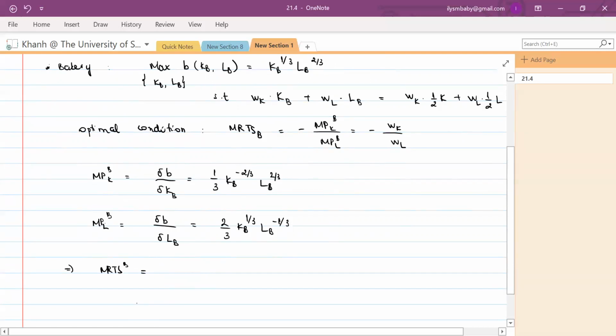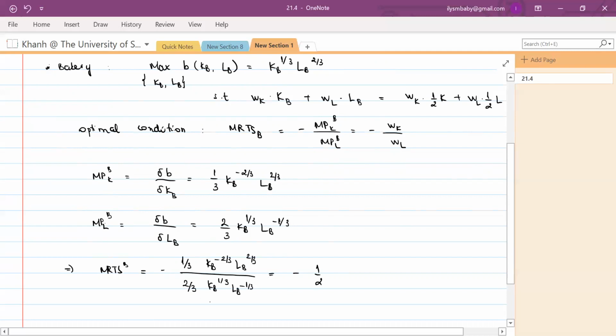So negative 1/3 divided by 2/3 gives me negative half.